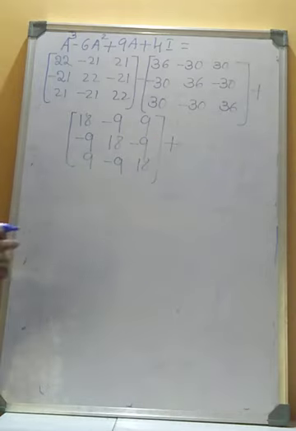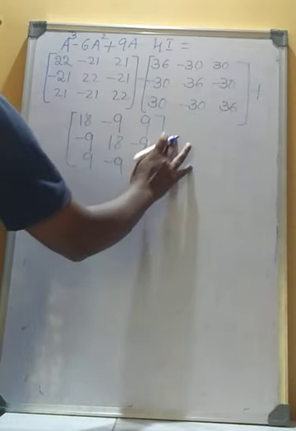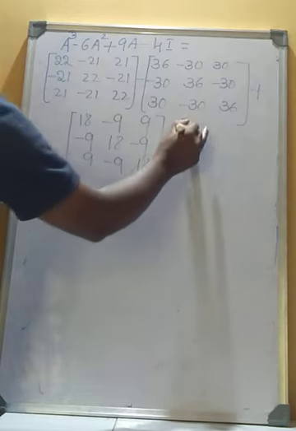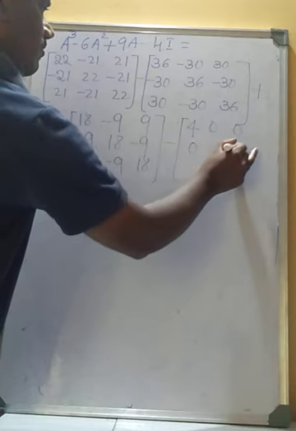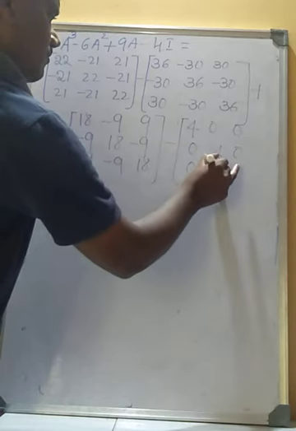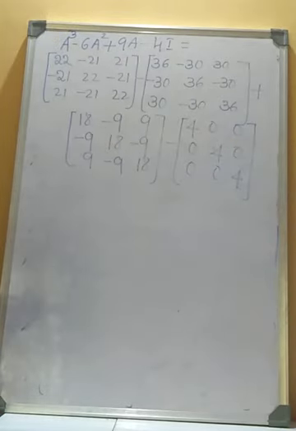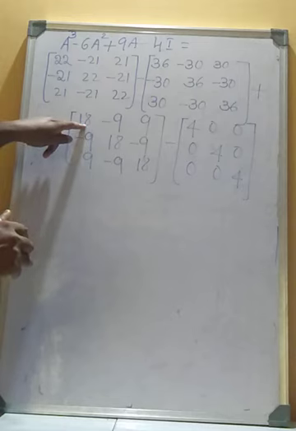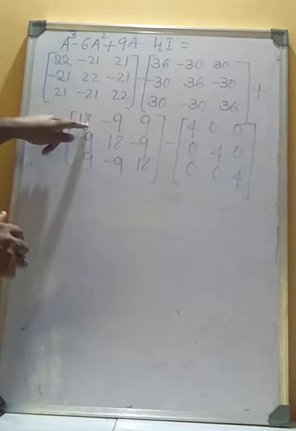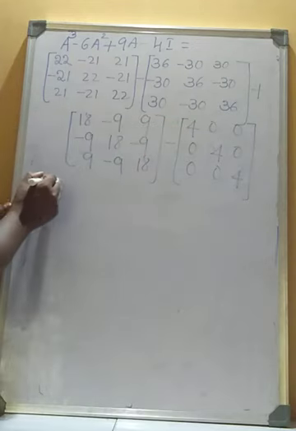Minus 4I, which is 4 0 0, 0 4 0, 0 0 4. Then 22 minus 36 plus 18 minus 4, that is 0.